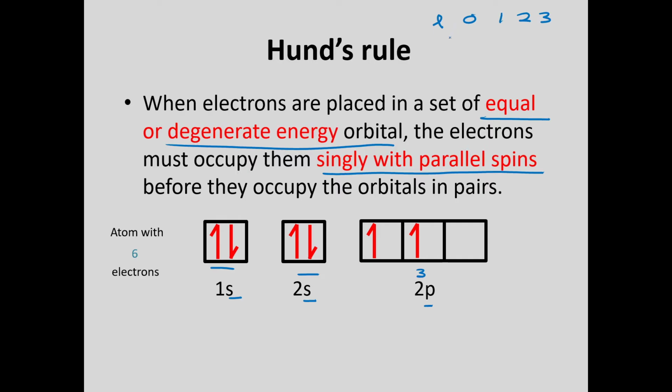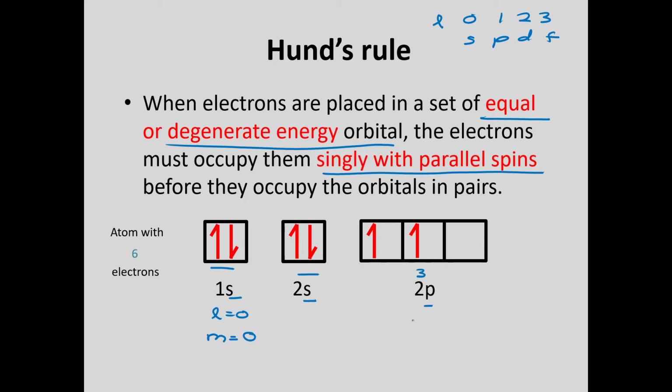One more thing. You ingat tak? Kalau S, P, D, F. S dia punya nilai L is 0 kan? L is 0. Maksudnya M dia, nilai orientation dia is 0. Maksudnya orientation orbital dia cuma ada 1.